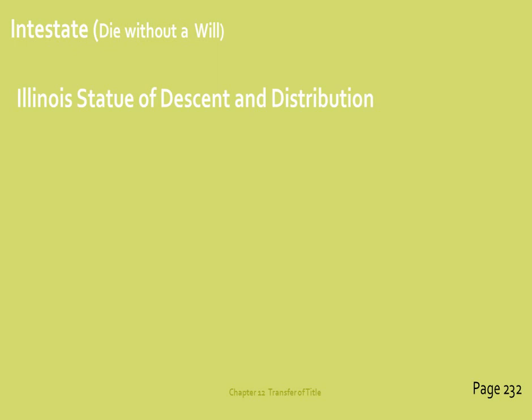It says that if you're married with no children, your surviving spouse gets everything. If you're married and only survived by children, the surviving children take it all. So that's where there's no spouse, just children. Of course, if you're survived by a spouse and children, the wife gets 50%, and the children split the other 50%.